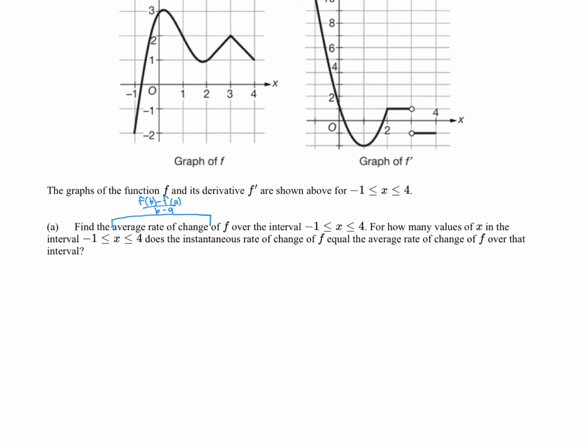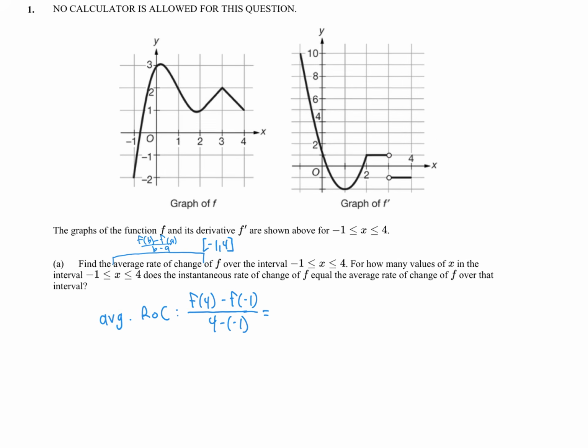The interval that we're dealing with, it's always got to be average rate of change on an interval, and the interval is -1 to 4. So that means, in this slope formula, a is -1 and b is 4. So average rate of change is f of 4 minus f of -1 over 4 minus -1.